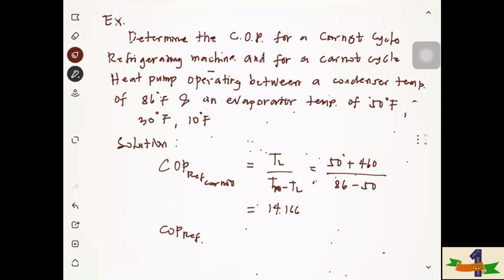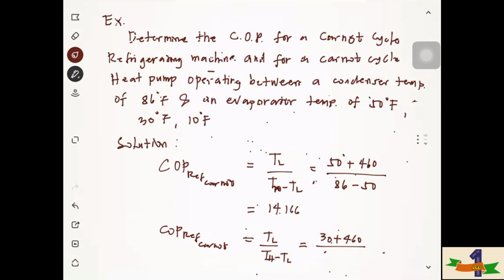This is TL over TH minus TL, which is 30 plus 460 divided by 86 minus 30.